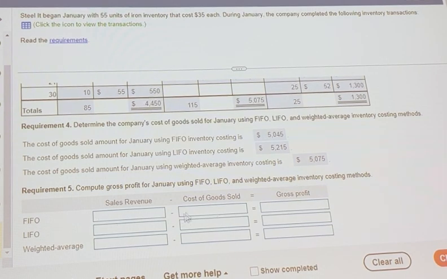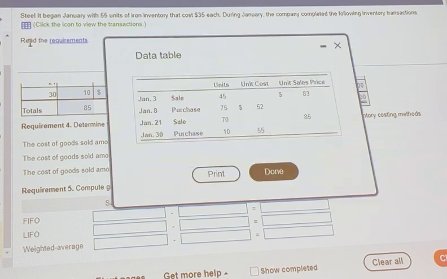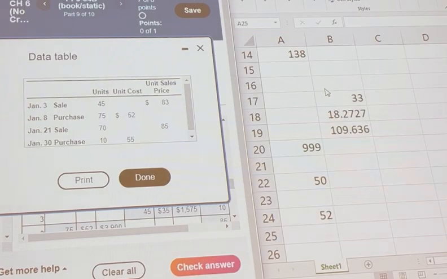Okay, now they want us to compute gross profit. So just like on the previous problem, we have to figure out what the sales revenue was. So here's the data table. Split my screen again.